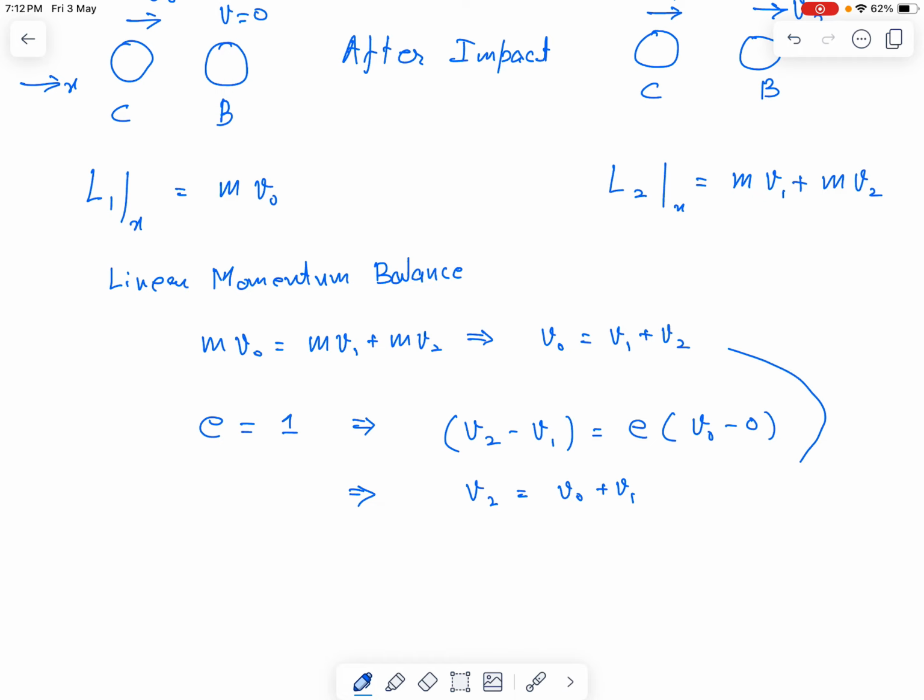So from this equation and from this equation, what you can get is that V1 is equal to 0 and V2 is equal to V naught.